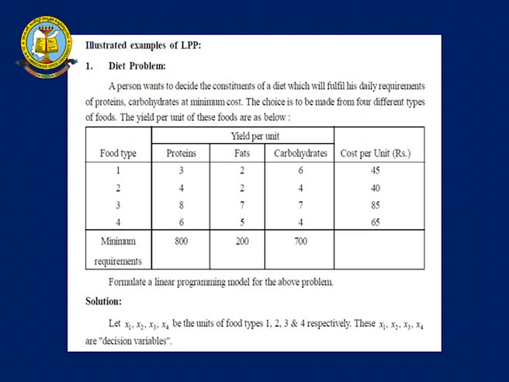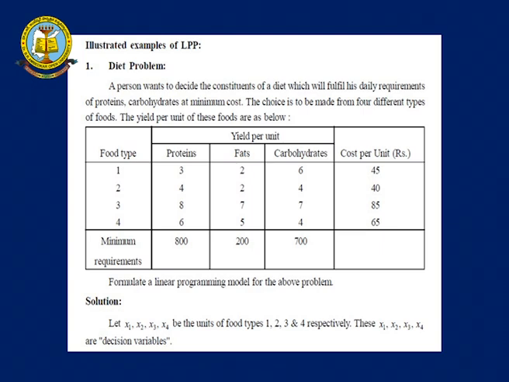For these, the cost per unit is 45 rupees. Similarly, for the second food, proteins are 4 units, fats are 2 units, and carbohydrates are 4 units, and the cost per unit is 40 rupees. Similarly the third food and fourth food, and in the last row he is giving the minimum requirements.